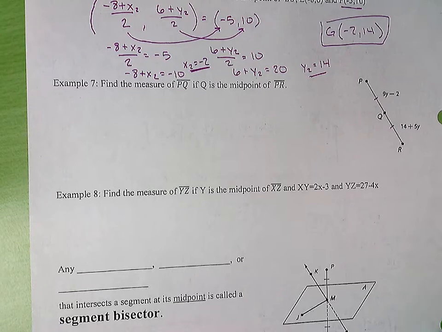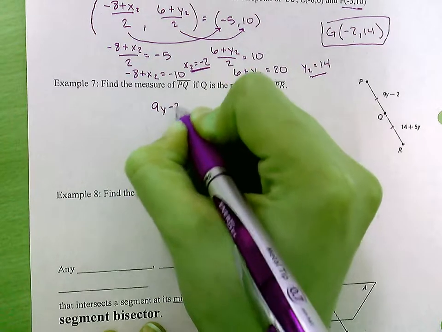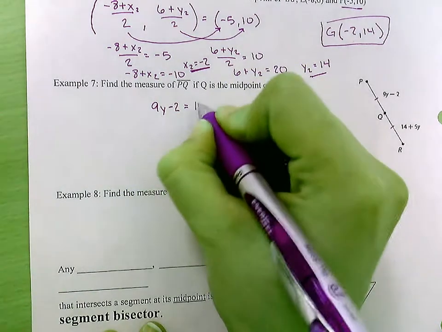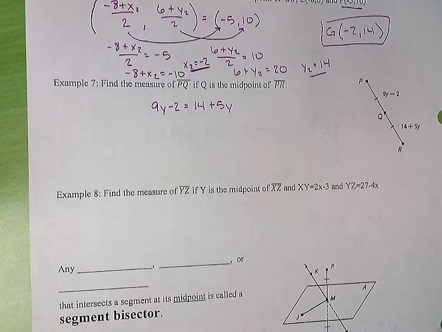What does congruent mean? Yeah. You do 9y minus 2 equals 14 plus 5y. Yes. So we're going to take 9y minus 2 is equal to 14 plus 5y. Since that's the midpoint, those two segments are equal. So I can set their values equal to each other and then just solve for y.